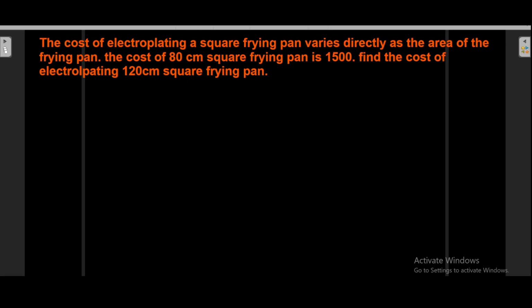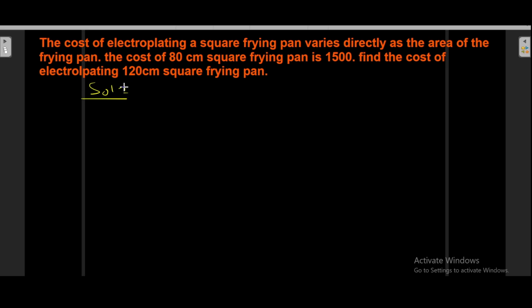I would like to take you through this question. As you can see, they are telling us that the cost of electroplating a square frying pan varies directly as the area of the frying pan. Meaning that in this question we start by letting, solution.